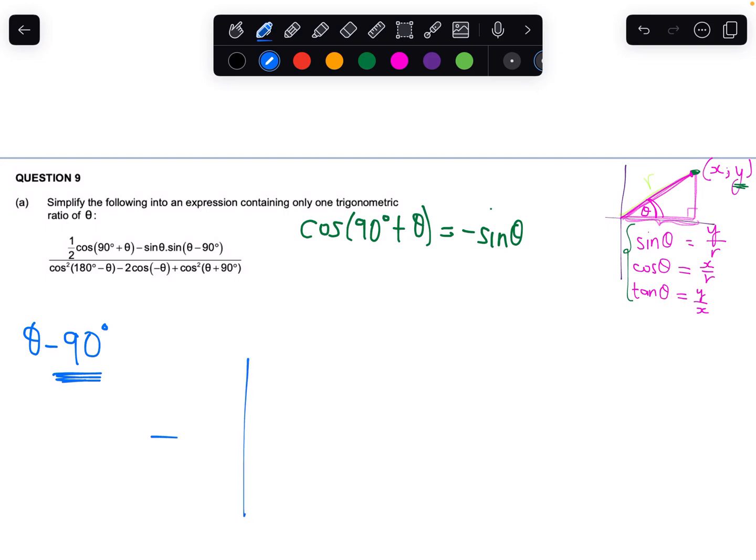Otherwise, if you start with the theta and then add the 90, it's just a bit more abstract to think about. Whereas if you start with the minus 90, that just means instead of going this way, we are going to go clockwise, right? So that will be the 90, and then you just add on the theta. So something like that. So you end up in the same place. It's just a bit easier to figure out what the coordinates over there will be if this angle over here is theta.